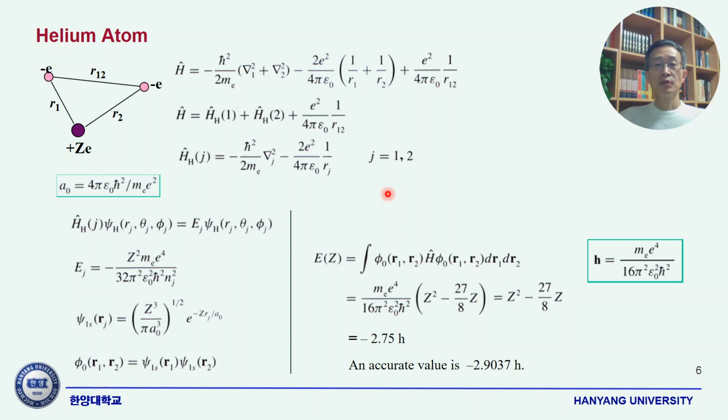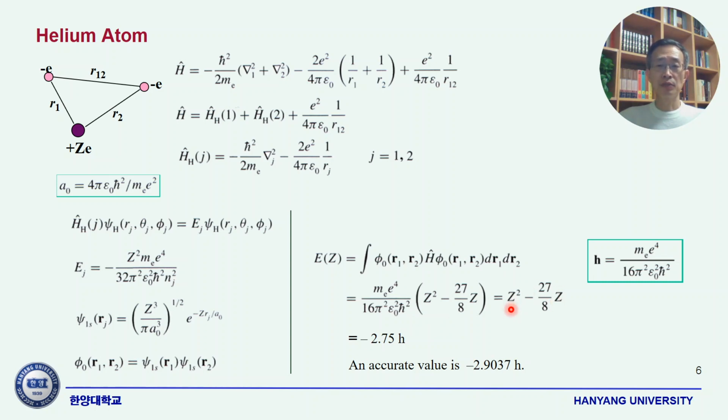And we could also integrate 1 over R12 with these functions, and that is done either numerically or computed analytically. So that is 5Z over 8, as a function of Z. This will give you an idea of how much it is.